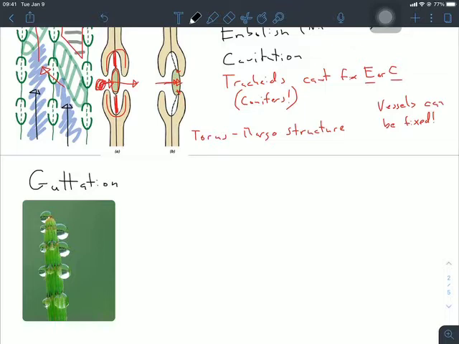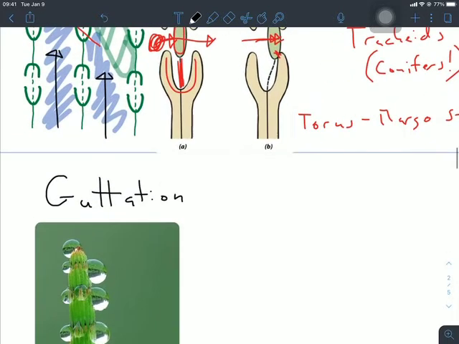But in the nighttime, the stomata are not open, they're closed. And yet water still needs to be moving through the entire xylem structure. This means that it has to escape somewhere. And it'll oftentimes escape through the endpoints of leaves.